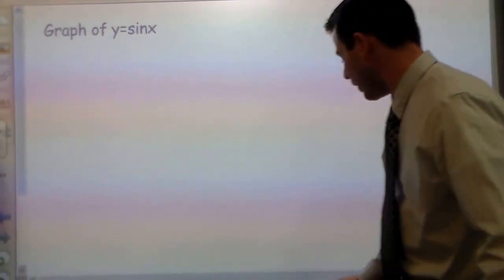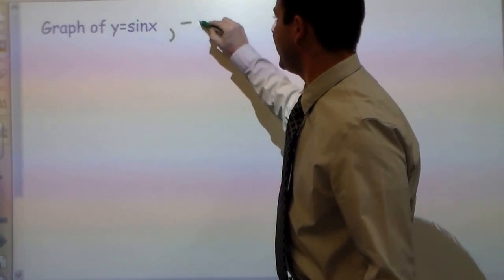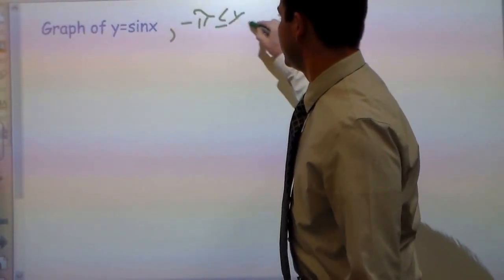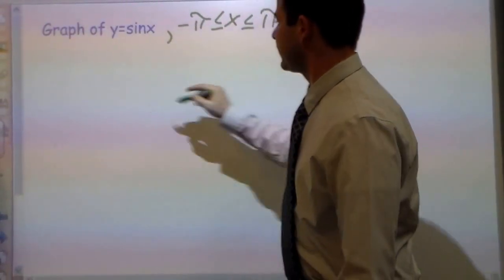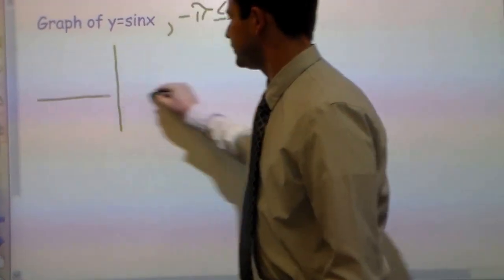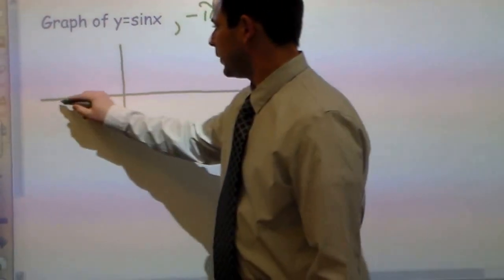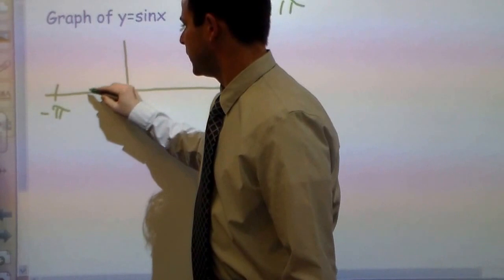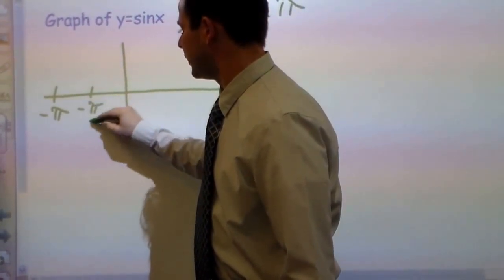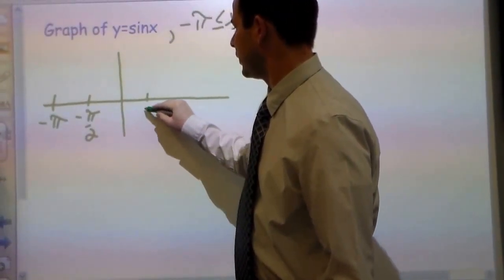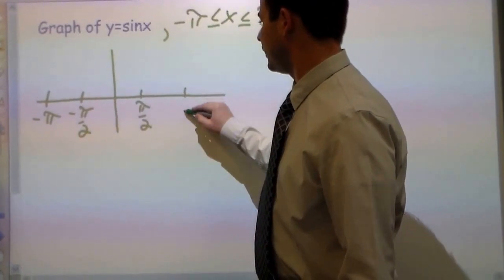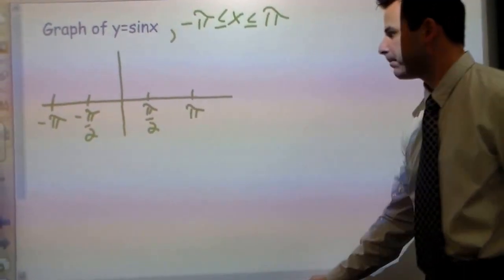So I'm going to graph sine from negative pi to pi. So this is negative pi, negative pi over 2, pi over 2, and pi.